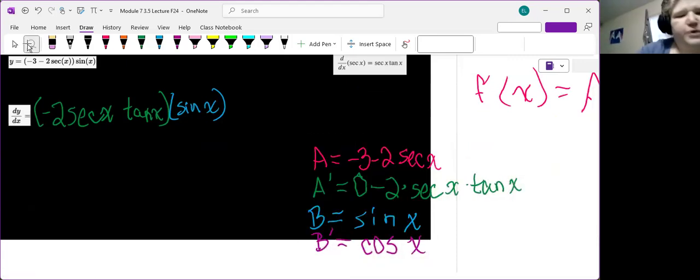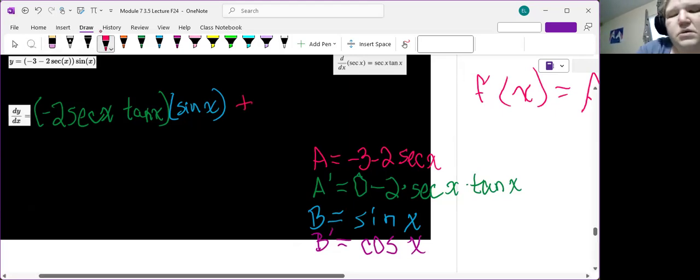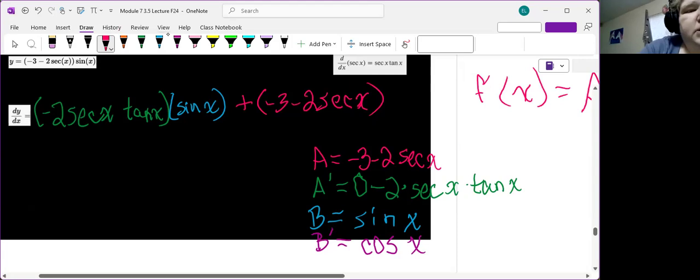All right, there. Now we have more room. Plus, so that was a prime, so now I need a. Negative 3 minus 2 secant x times b prime, which is cosine.